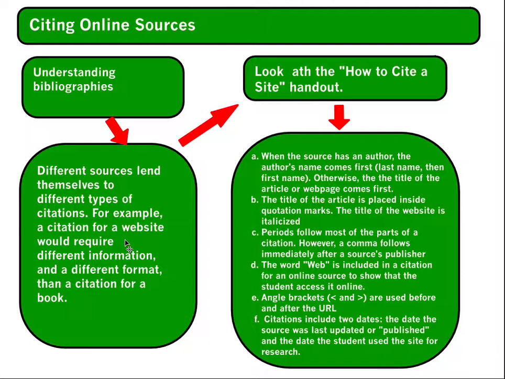Now, listing a source's citation, which often includes the author, title, and the date that the source was published, not only helps people locate the source elsewhere, but it's also a sign of respect. It means you respect that person's authority on the subject.